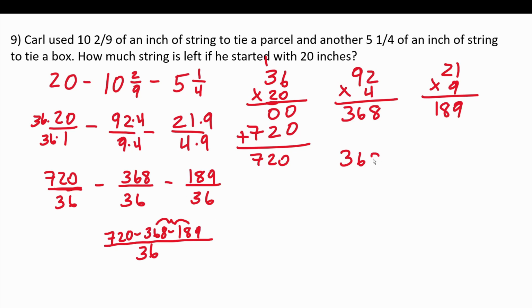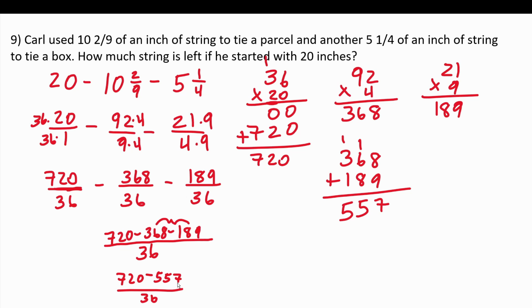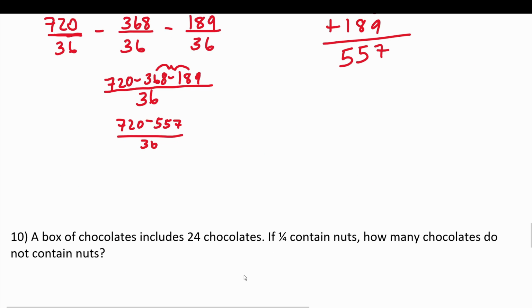Notably, I'm going to do 368 plus 189. 9 plus 8 is 17, carry a 1. 6 plus 8 is 14, plus 1 is 15, carry a 1. 1 plus 3 is 4, plus 1 is 5. Okay, so this becomes 720 minus 557 over 36. Now let me try to scroll down here so we can see what's going on.